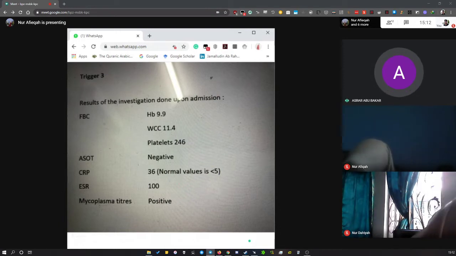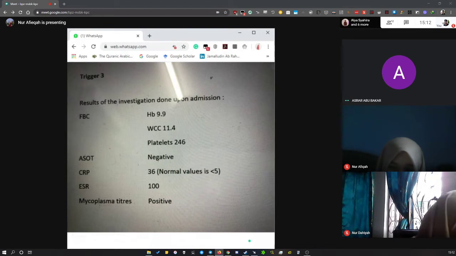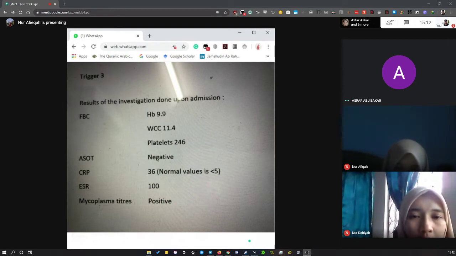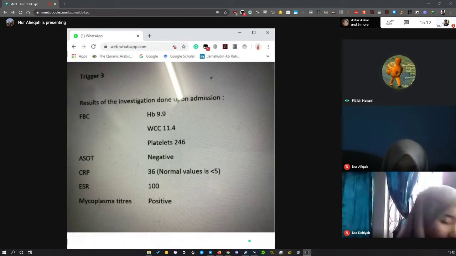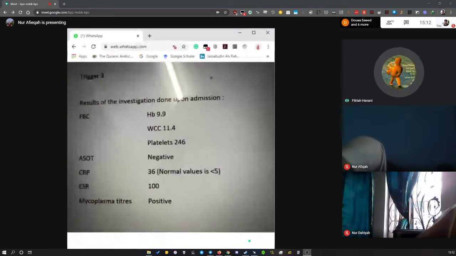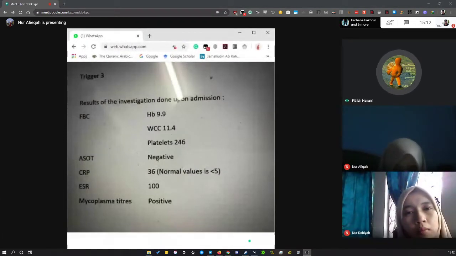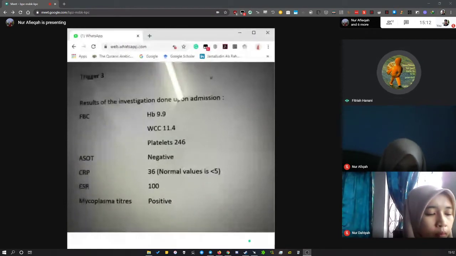So what do you think is the diagnosis? Have we reached a diagnosis, based on the investigations? Yes, doctor. I think yes, since we got a Mycoplasma titer positive, and a little bit raised WBC, and also CRP and ESR indicate there is an inflammatory infection going on.